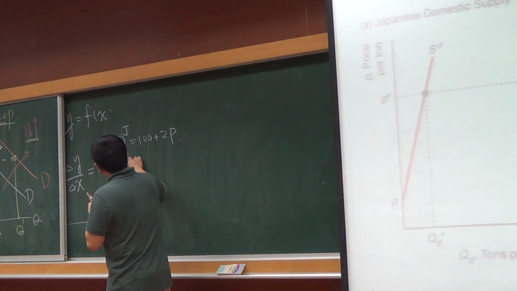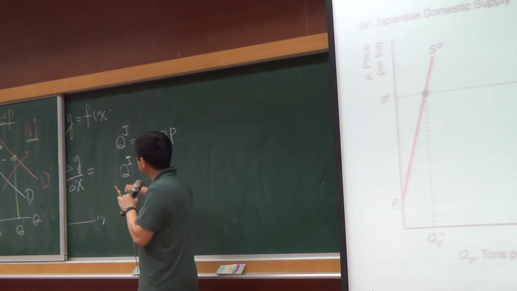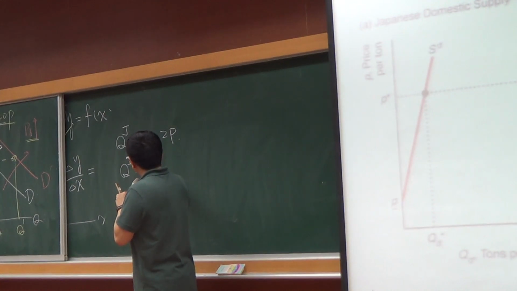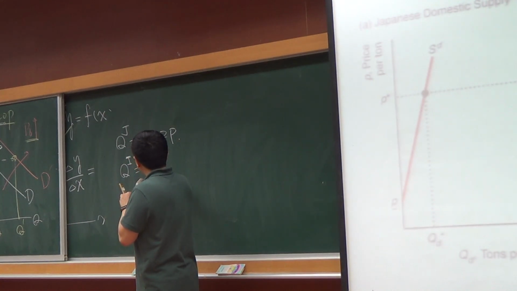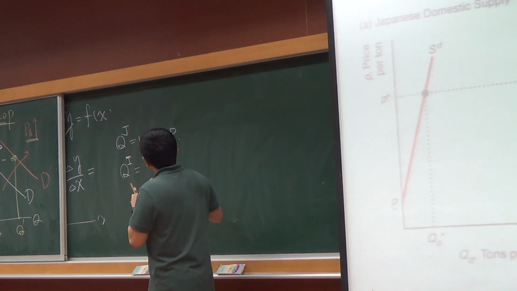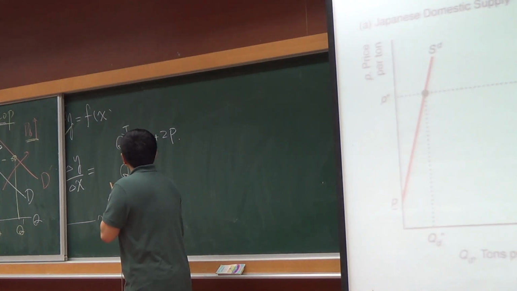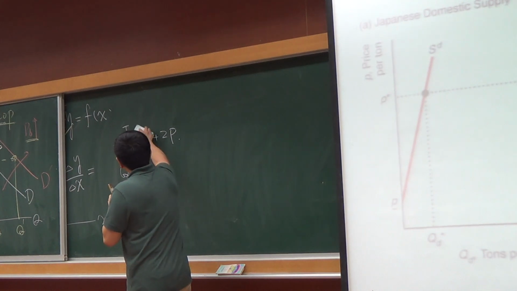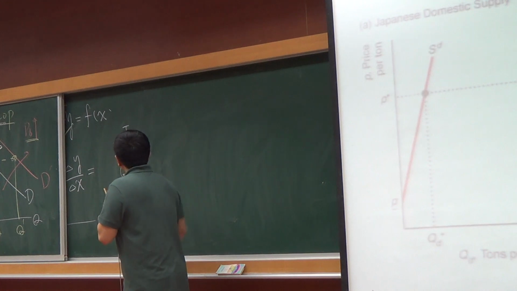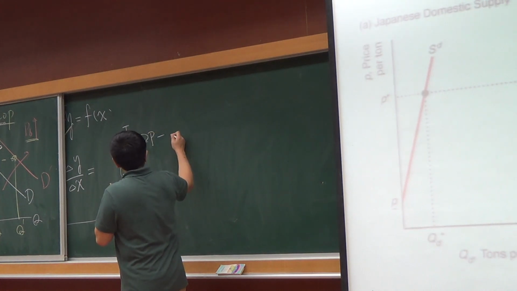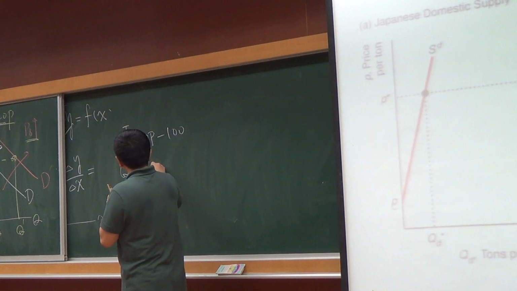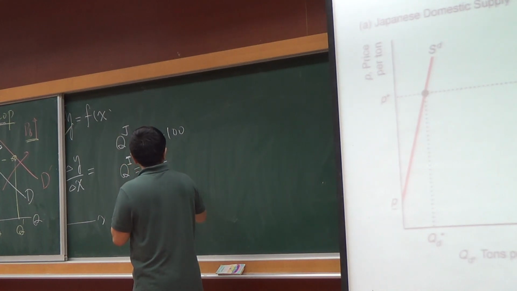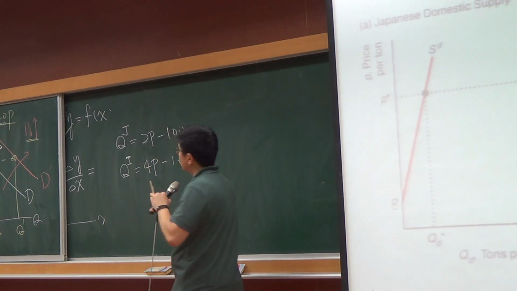And I use QI to denote the international supply. Sorry, I think I made something wrong here. Okay, 2P minus 100, and 4P minus 160.